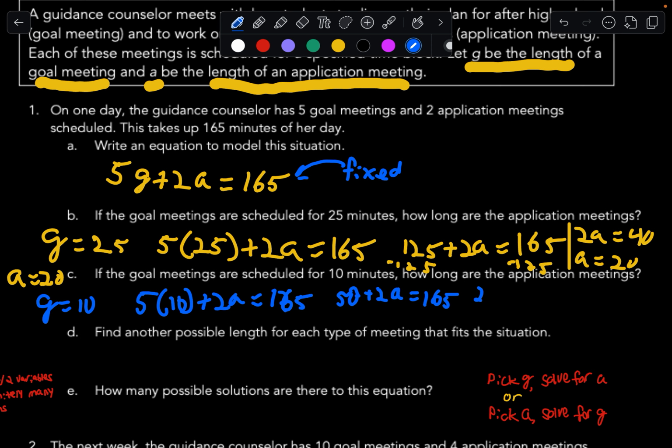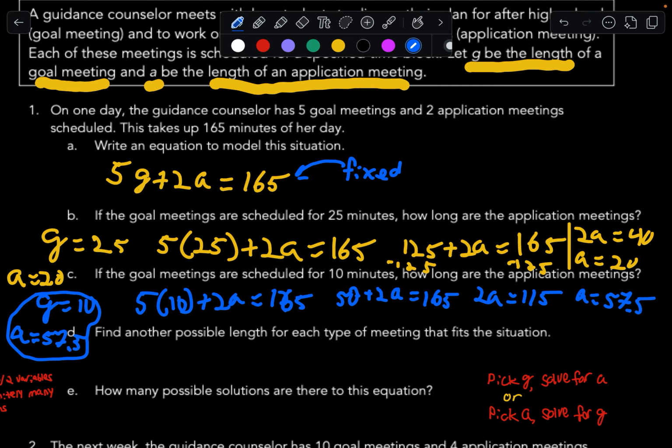Subtract 50 and you get 2A equals 115. Then 115 divided by 2 is 57.5. So when the goal meetings are scheduled for 10 minutes, you have about an hour for the application part. A equals 57.5. So you see, as we change G, we change A.